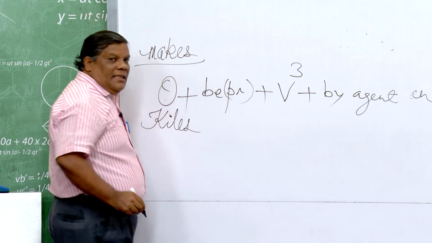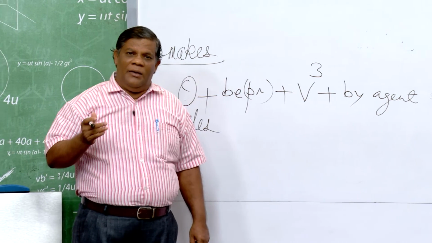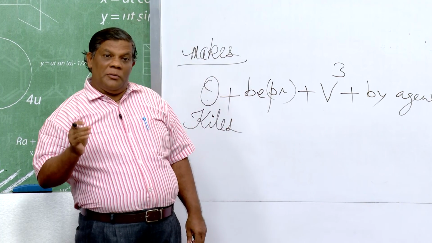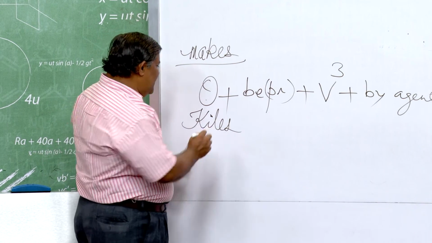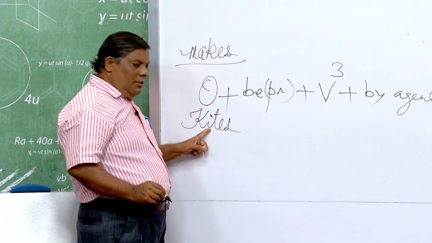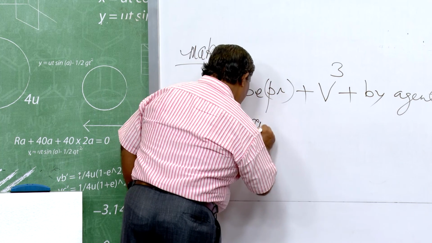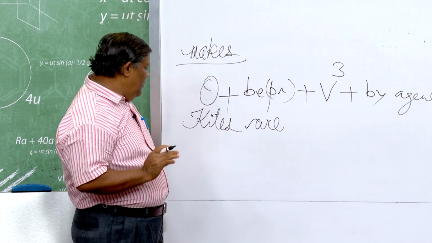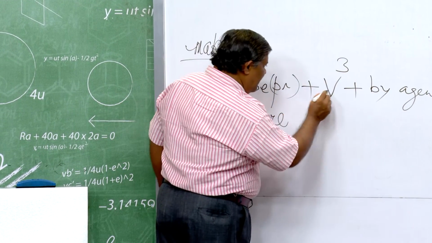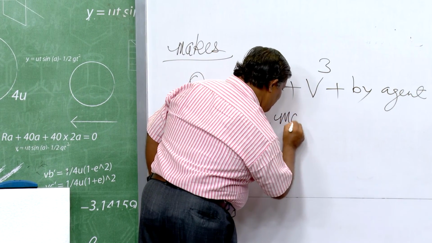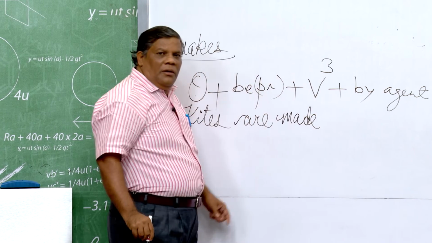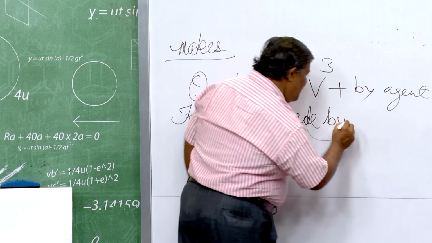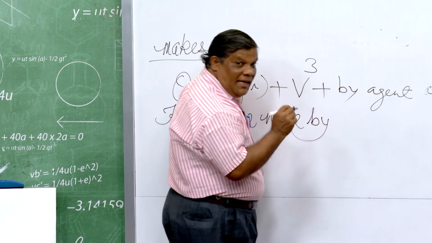Then be present. The present tense forms of be are is, am, are. Since kites is plural, it is are; is is not applicable, am is not applicable. So kites are, then the third form of the verb make, made, then by, then the agent. This man is the agent.